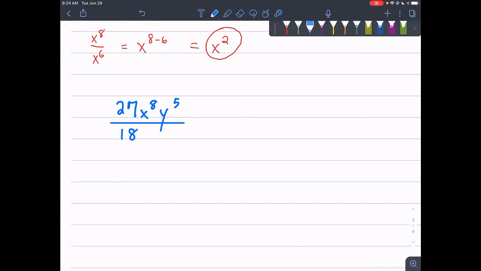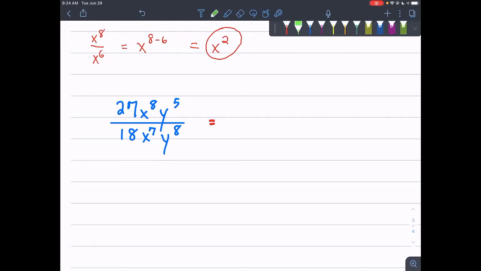27 x to the 8th, y to the 5th over 18 x to the 7th, y to the 8th. So again, like the last one, if you've got the exact same thing on top and bottom, you can go ahead and cancel those.